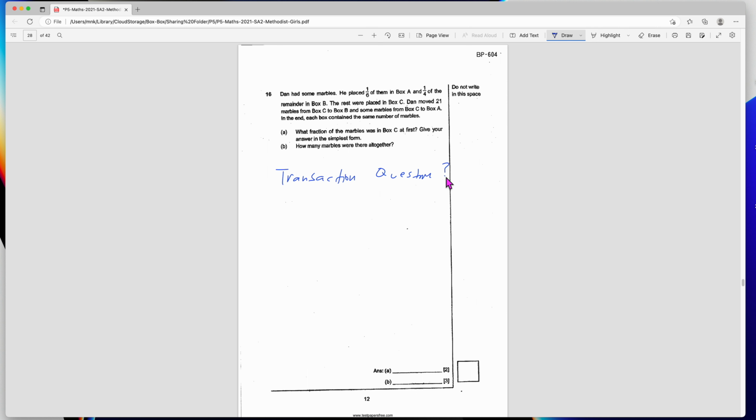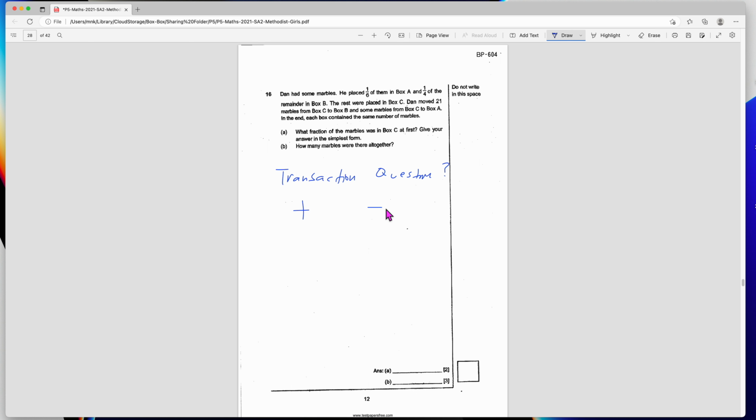Okay, so actually, you decide whether this is a transaction question by whether you need to plus or minus something. When you give something away, that's minus, right? When you receive something, that's plus. When you buy something, receiving is plus. So over here, when you put something inside the box, you lose it, which is minus.